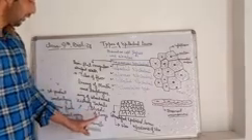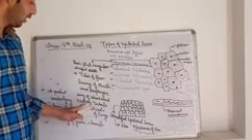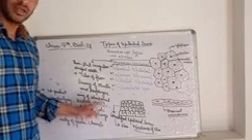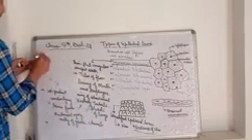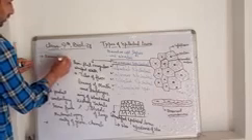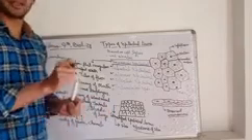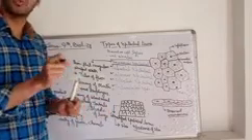This is the first function. What is the second function of this epithelial tissue? The second function is that it helps in the excretion of nitrogenous wastes in the kidney tubules. When it forms the lining of kidney tubules, there it helps in the excretion of nitrogenous wastes.